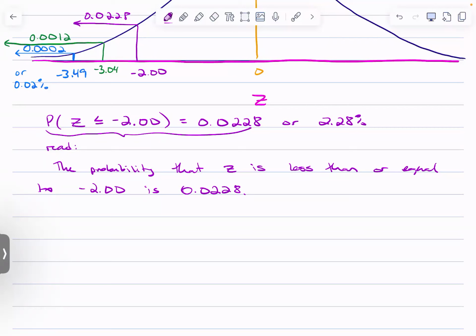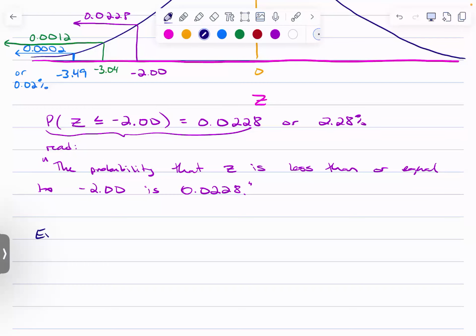If you prefer to write that, that's cool. But for shorthand, I think it might be nice to use the probability notation.